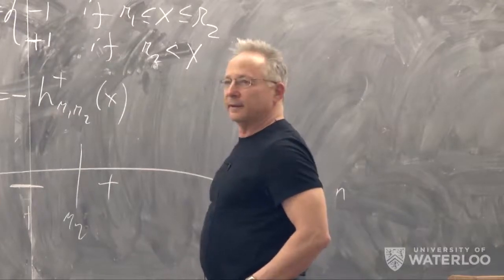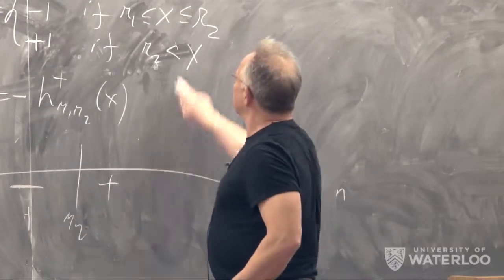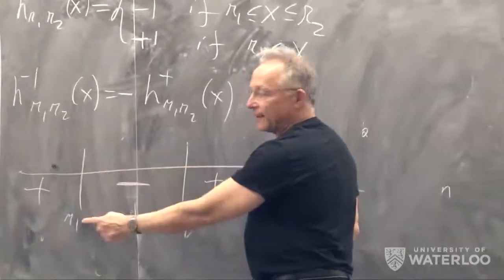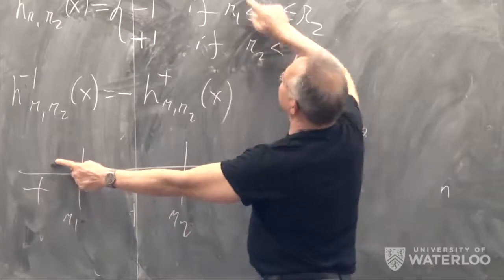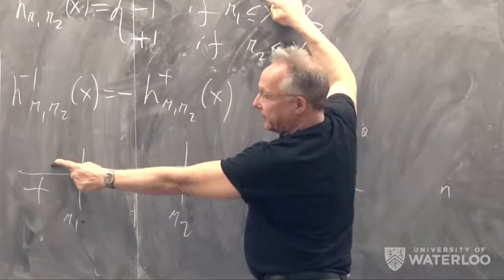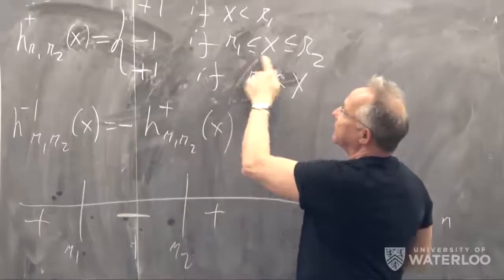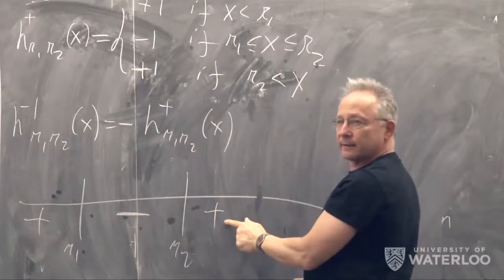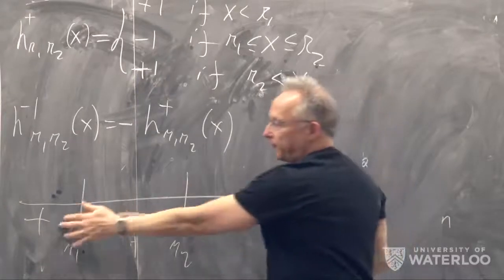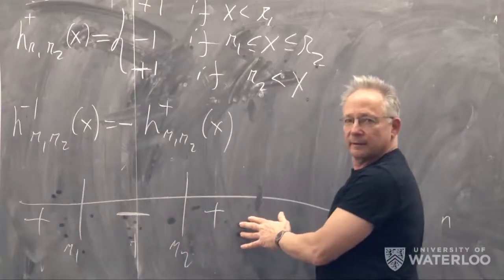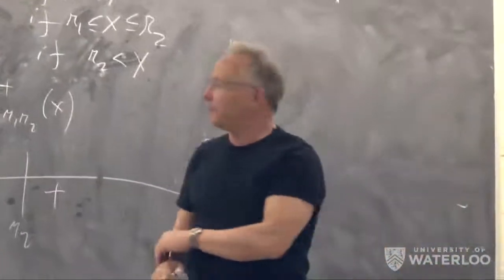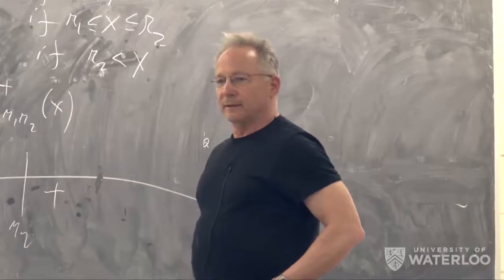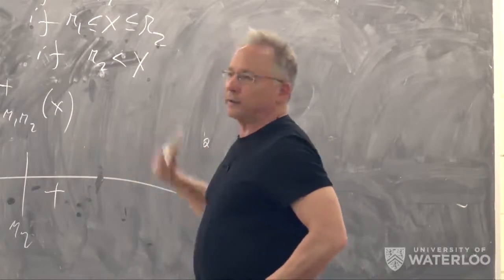I'm saying if x is here, it's plus. This is R1. If x is here, it's x less than R1. If x is between, then it's minus. And if x is above R2, it's a plus. So it's a plus minus plus. Did I make a mistake here or I'm okay? You're okay. Okay. So this is my class. It's a class of all three partitions of the line.